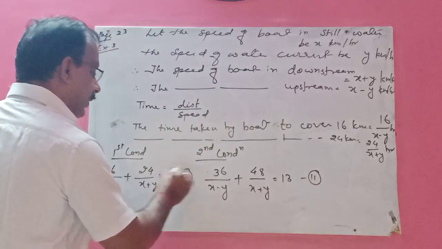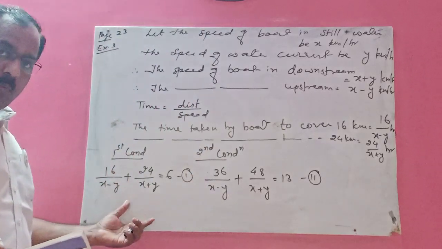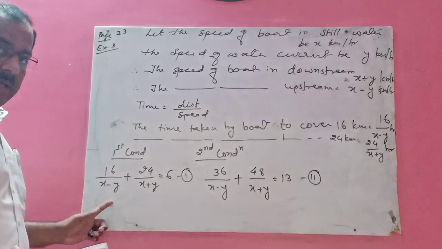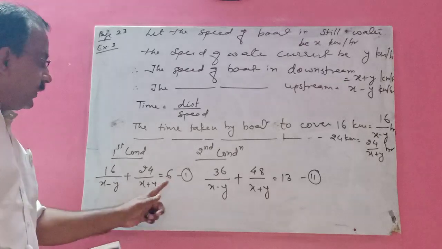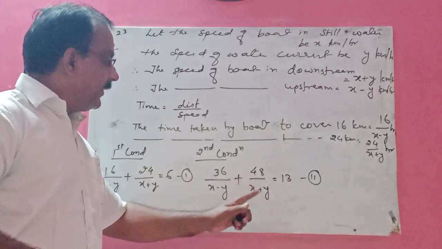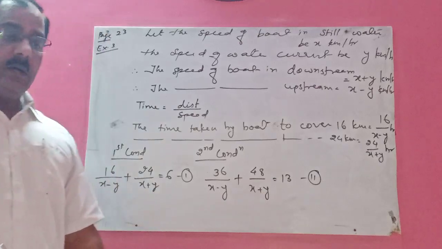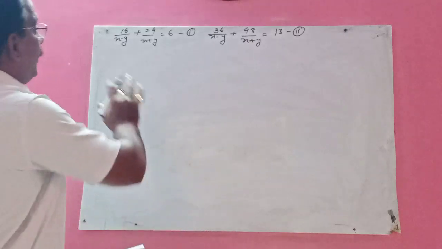So children, this is your equation number 1, 16 upon x minus y plus 24 upon x plus y is equal to 6, and equation number 2, 36 upon x minus y plus 48 upon x plus y is equal to 13, right? Now children, how will you solve this?